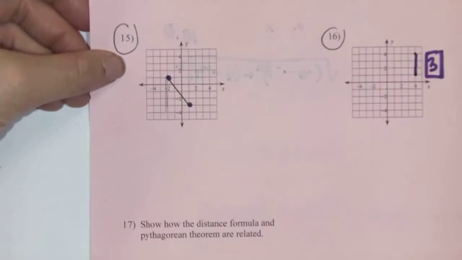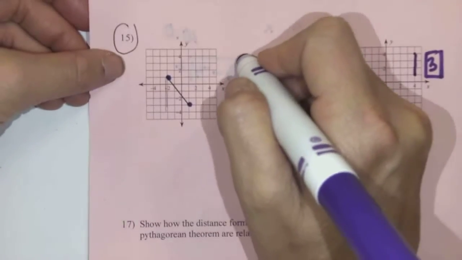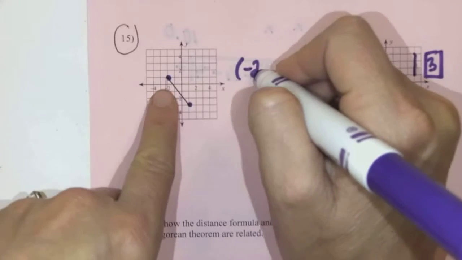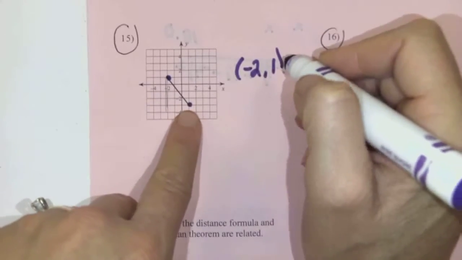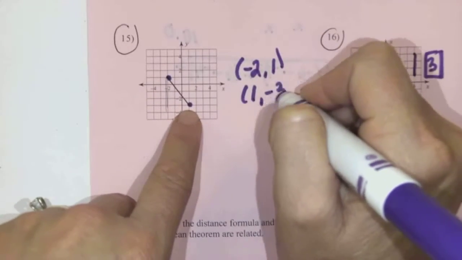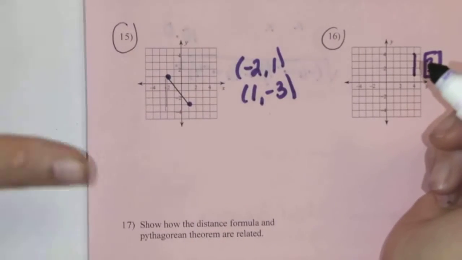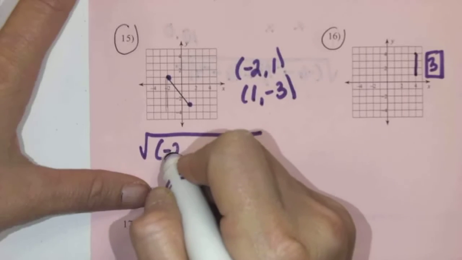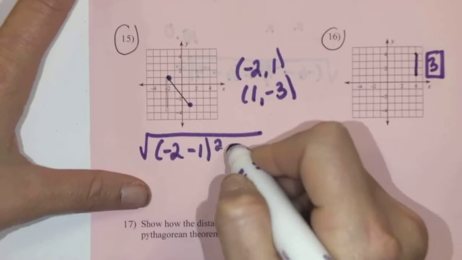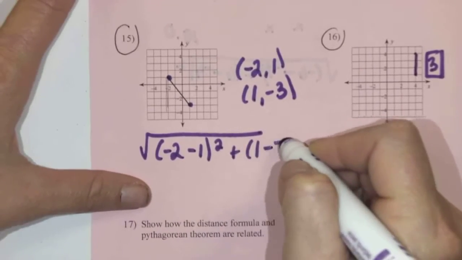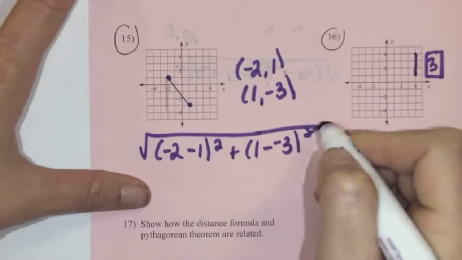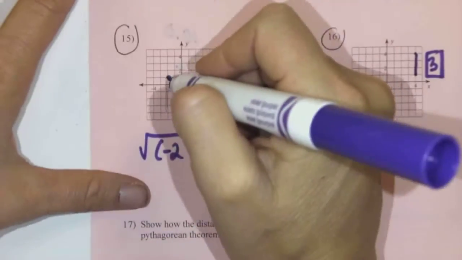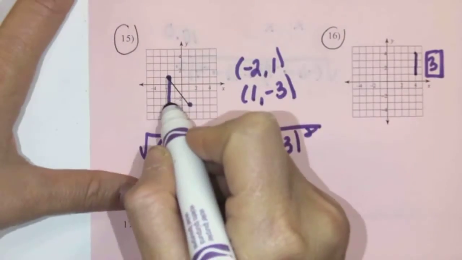Let's look at 15. You have two choices. You could use the distance formula using the endpoints, and this one looks like negative 2, 1, and 1, negative 3. You could substitute that into your distance formula: negative 2 minus 1 squared plus 1 minus negative 3 squared. Type that in. Or you could make a right triangle and do Pythagorean theorem.